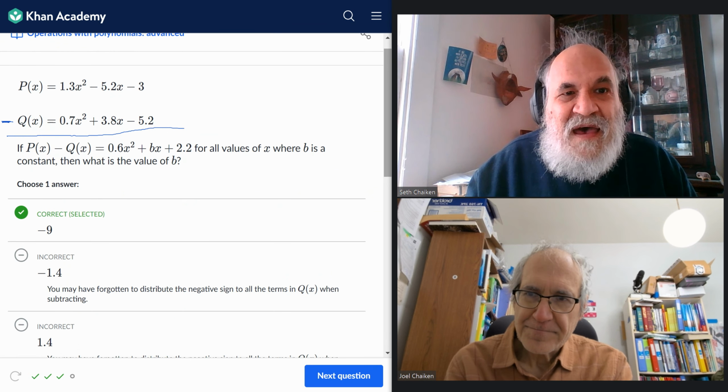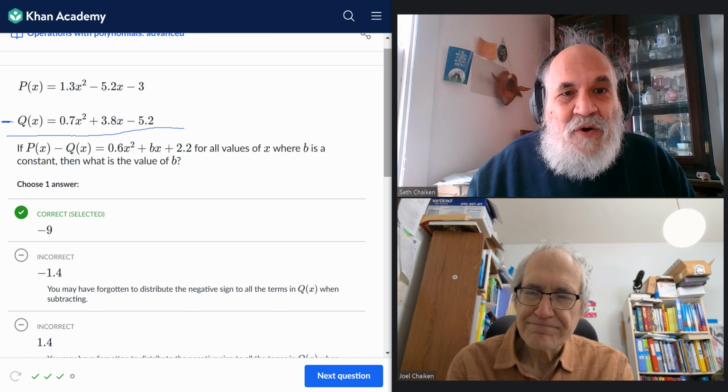In other words, add the top polynomial to the negative of the bottom polynomial. And then you have to be careful, as adding the negative is the same thing as subtracting.